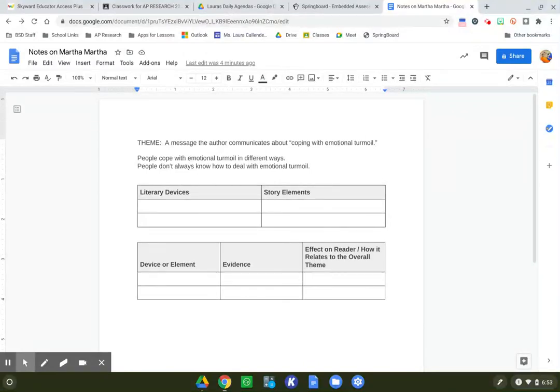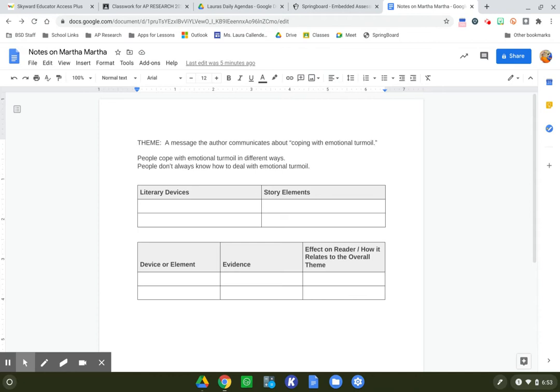We know that the theme that we have to talk about in the embedded assessment is coping with emotional turmoil. As I said, there are multiple ways the theme can be interpreted as we read the story. Two that I've identified so far are, one, people cope with emotional turmoil in different ways. I mean, that's just a statement, an observation about life. Also, people don't always know how to deal with emotional turmoil.